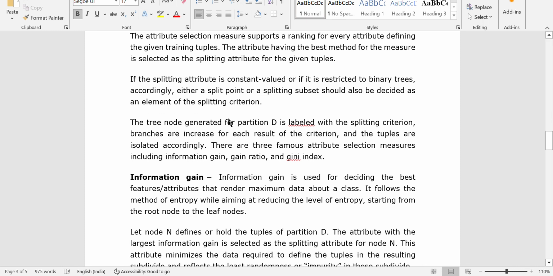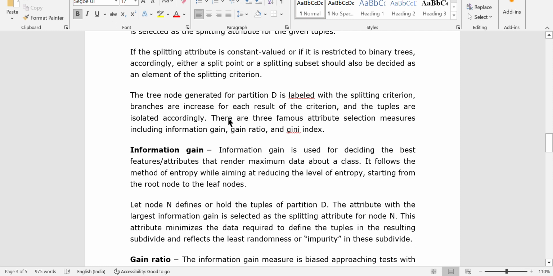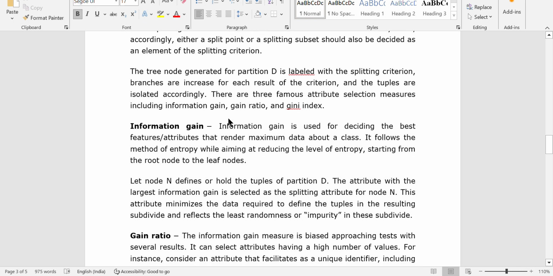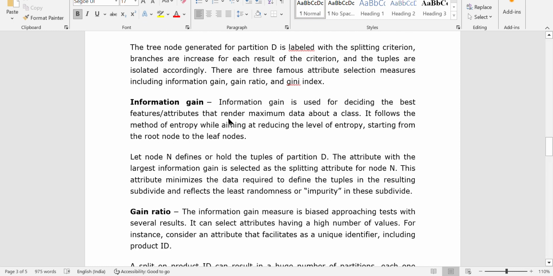If the splitting attribute is continuous valued or if it is restricted to binary trees, then either a split point or a splitting subset must also be decided as part of the splitting criterion. The tree node generated for partition D is labeled with the splitting criterion. Branches are created for each result of the criterion and the tuples are divided accordingly. There are three famous attribute selection measures: information gain, gain ratio, and Gini index.